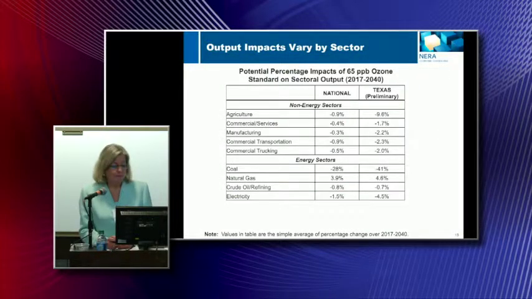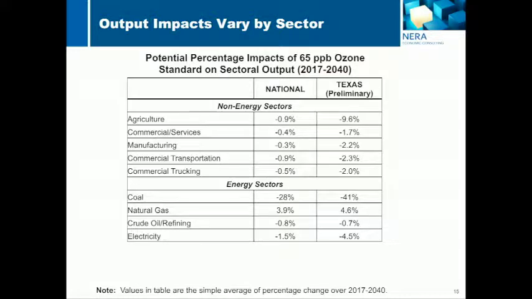Sectoral impacts then. As I said, a lot of the variability in that scatter chart you saw on the previous slide is because of different makeup of the sectors in each state. And really, this policy is not about manufacturing.